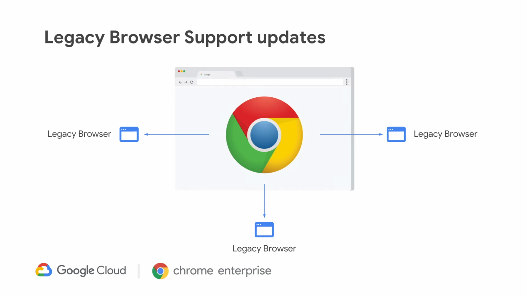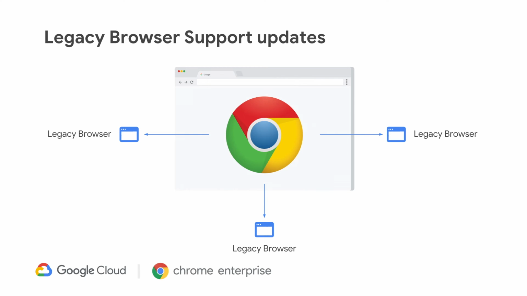Another question we get is around legacy browser support. Legacy browser support is an extension available to enterprises right within the Enterprise bundle. It's a great tool that allows you to predetermine which set of legacy apps, legacy URLs, will open dynamically in a legacy browser, for example, Internet Explorer.